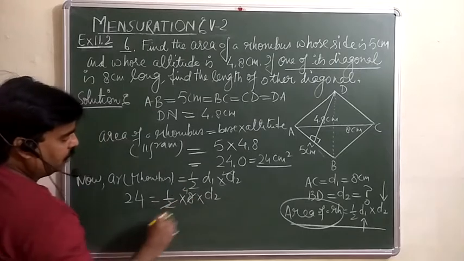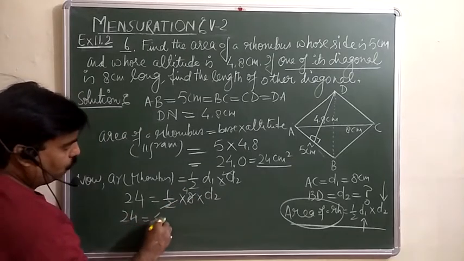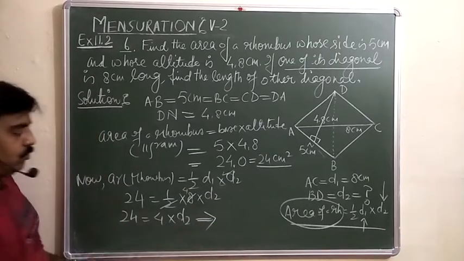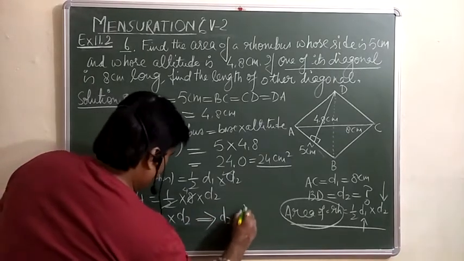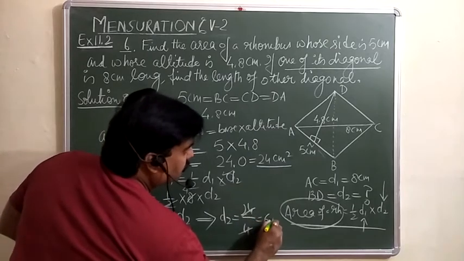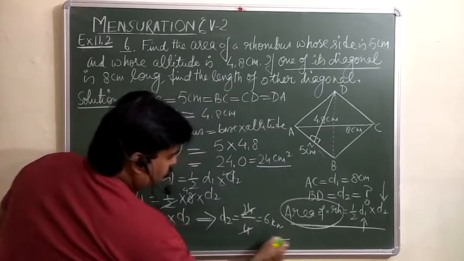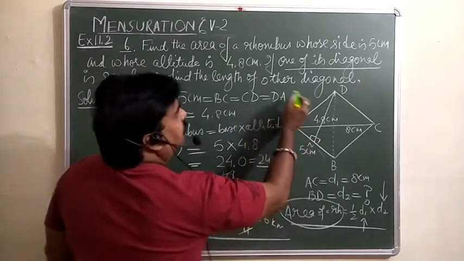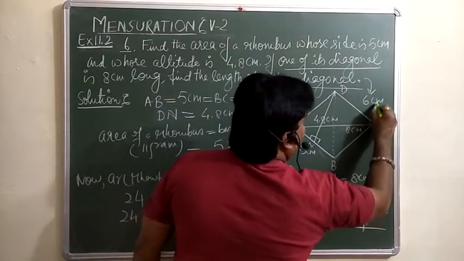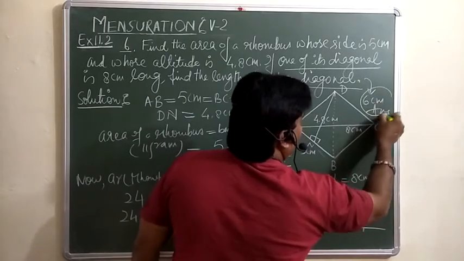So 24 is equal to 4 into D2. From here, what can we calculate? D2 will be equal to 24 over 4, that is 6 centimeter. So the other diagonal is 6 centimeter, and that is your answer.